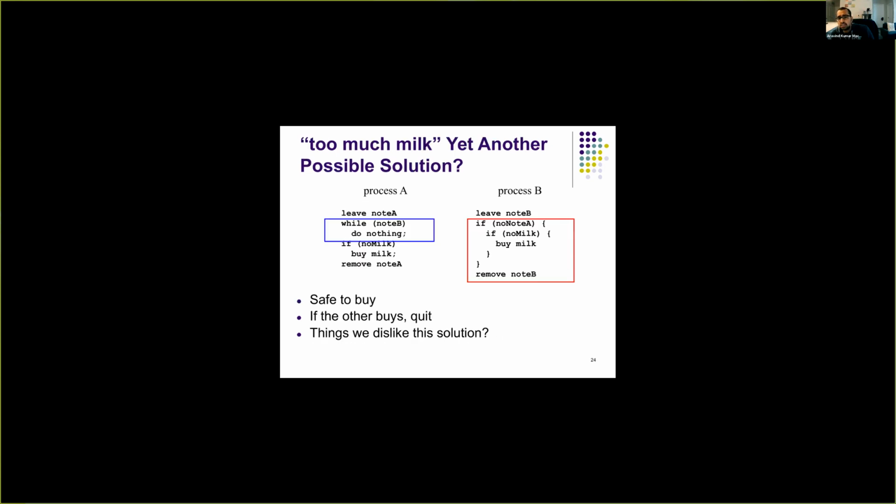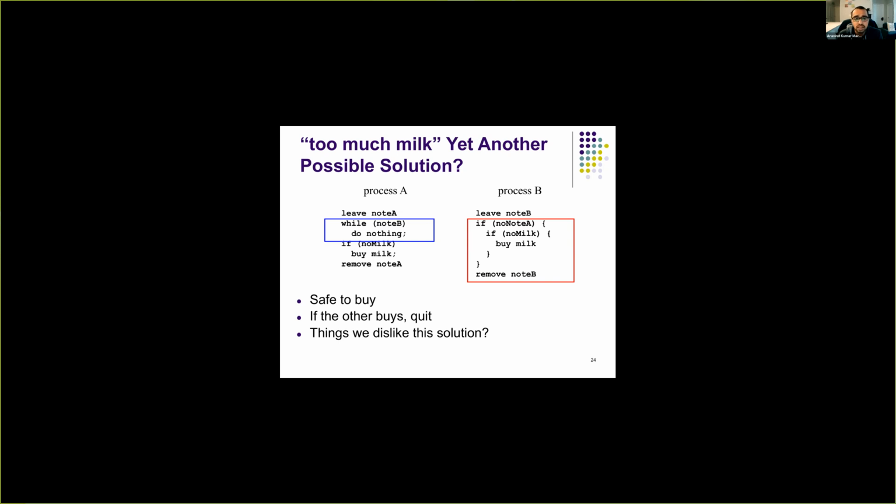So let's think about another solution. Using two notes works well, but the only problem we had was that in a case where both of them execute at the same time, we may not have milk. Let's try to avoid that. One way to avoid that is as shown on the slide.